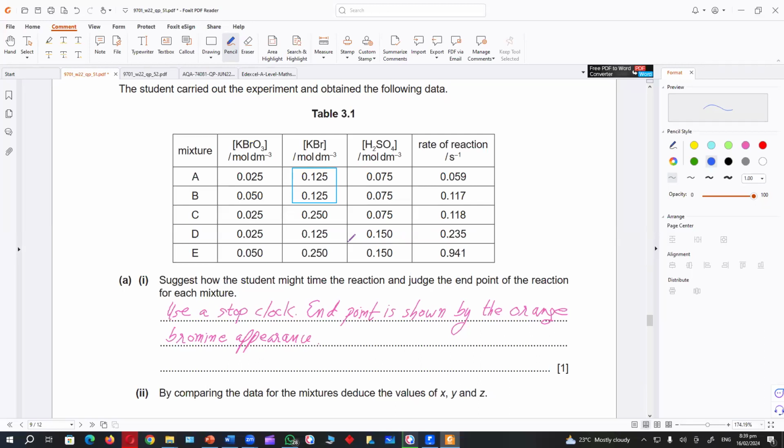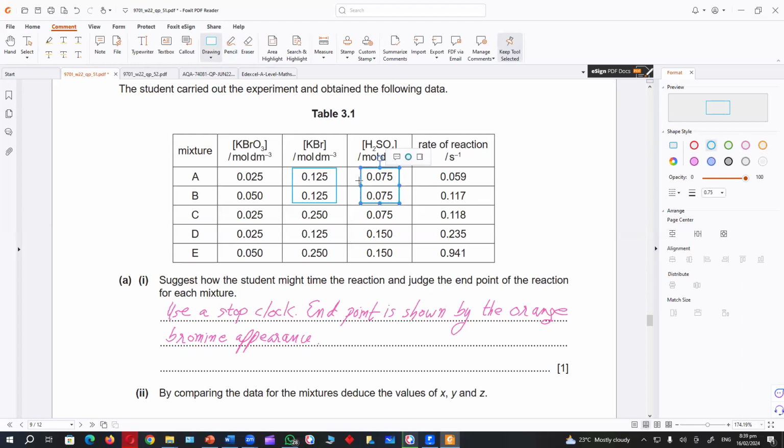If we double the concentration, does the rate double or is it more than that? If 0.025 becomes 0.05, the concentration doubles, so the rate doubles. The rate 0.059 becomes 0.117, so the ratio is 2:2.